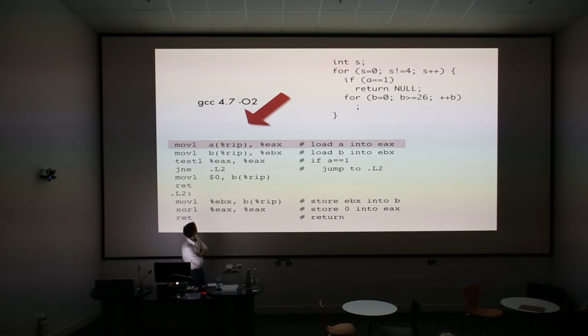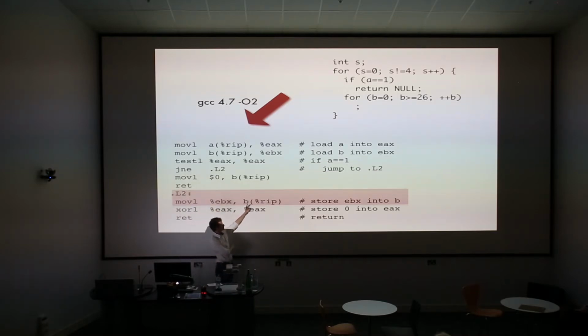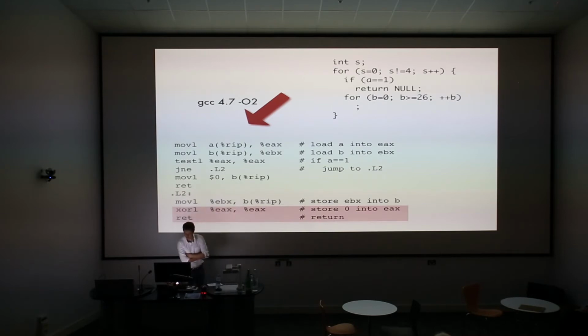Then the generated assembly code loads A into register A, loads B into register B. A bit odd, but why not? Then it says if A is 1, jump to L2. And at L2, what do we find? The generated assembly restores the old value of B into the memory B, and then returns 0.